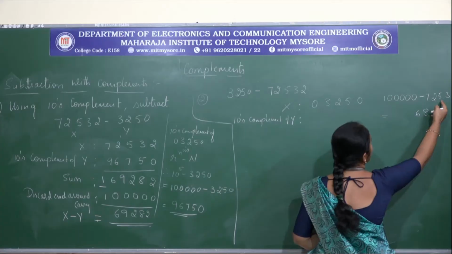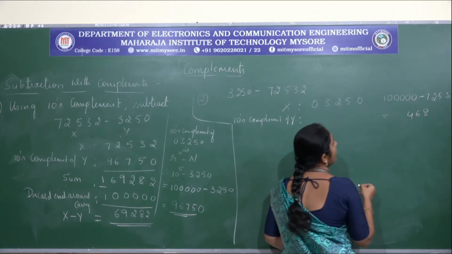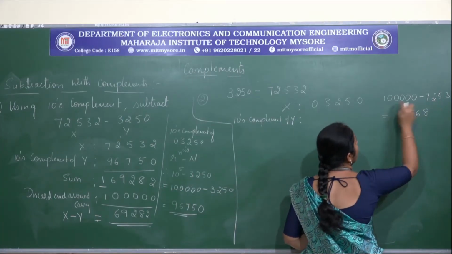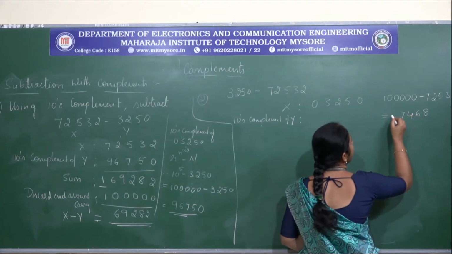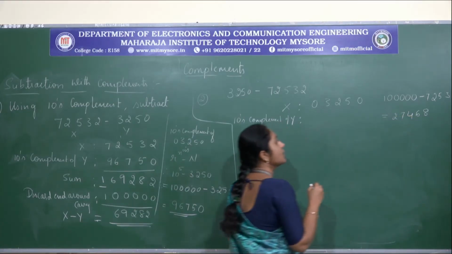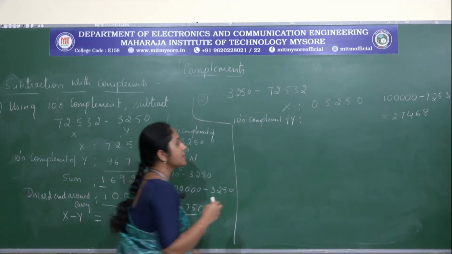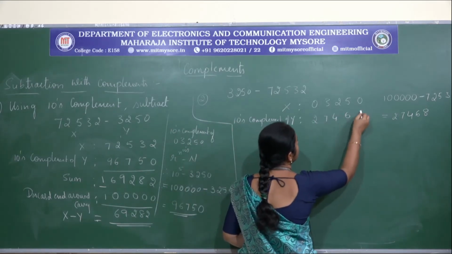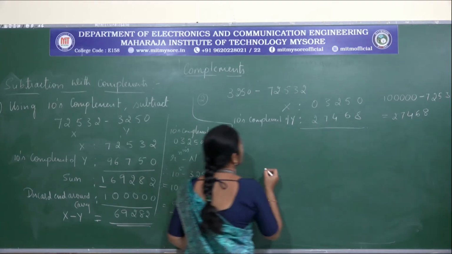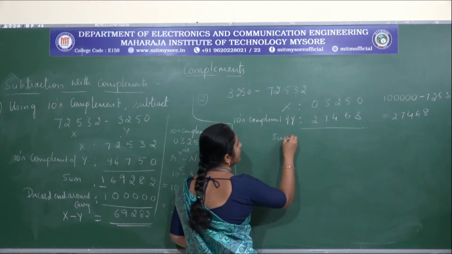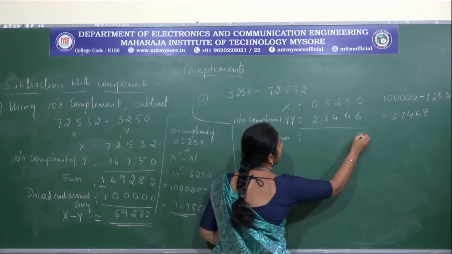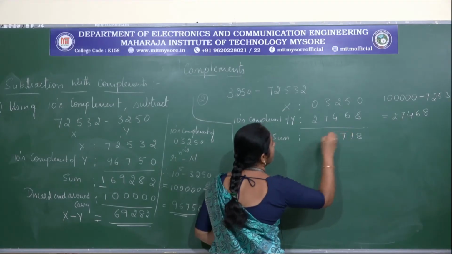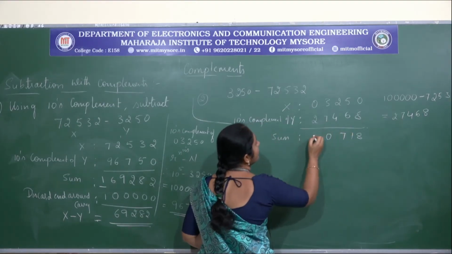Next we have 9 minus 5. Next we have 9 minus 2, which is 7. So 27,468. Let us write here. We need to add these two. 8, 11, 7, 10.